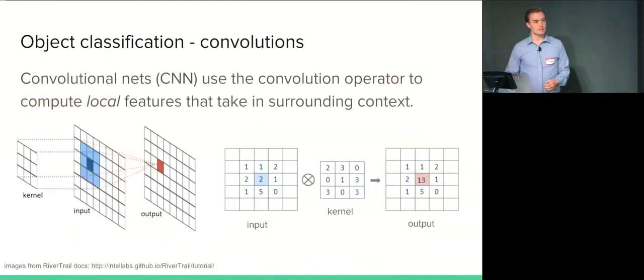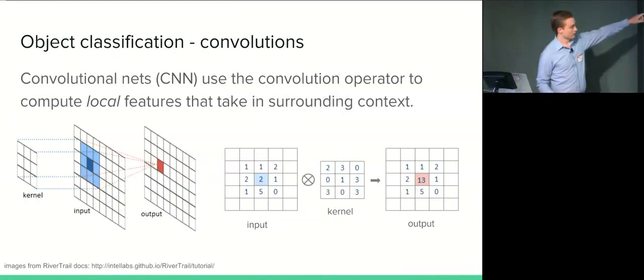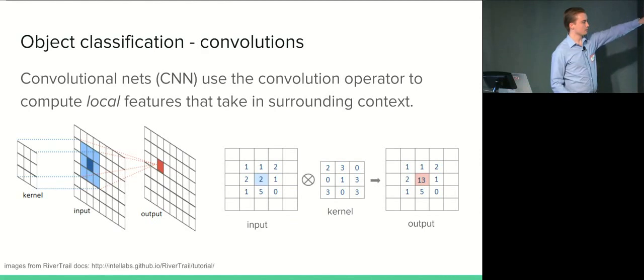And the way that state-of-the-art works for object classification right now is using convolutional nets. Their main workhorse is a layer that does a convolution operation. A convolution is a way to take a kernel, which is this filter, as you can see here, a sliding window over your input image, if you think of this as pixels.